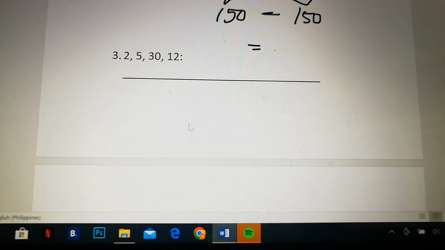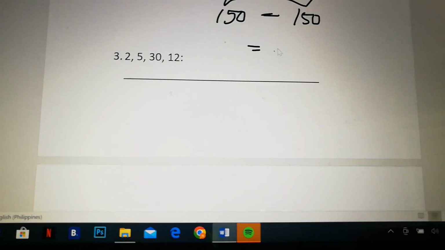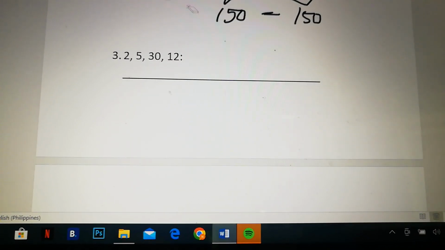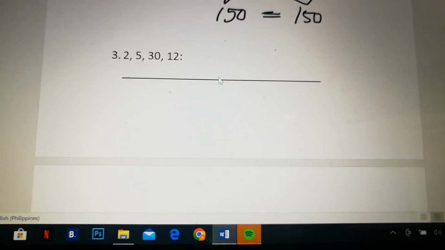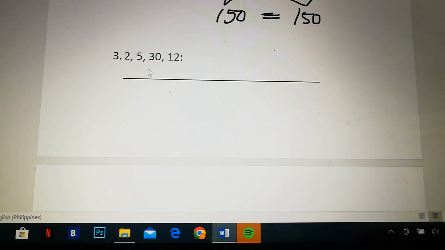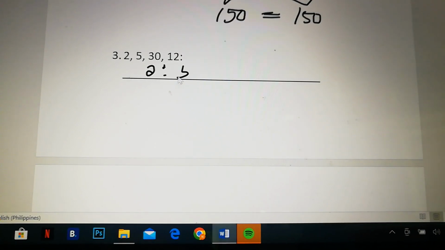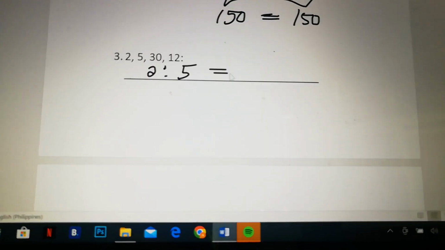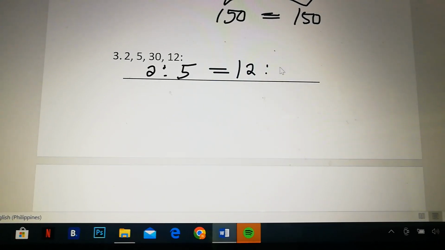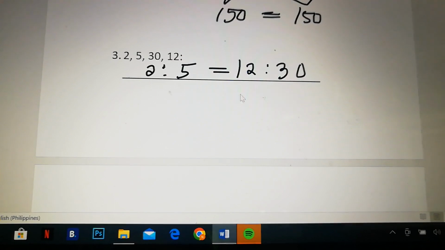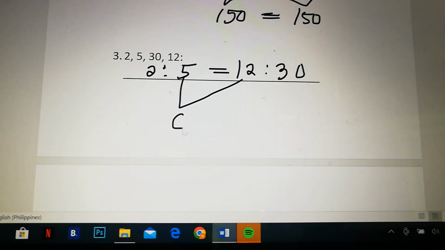Next, form a proportion again. 2 is to 5 equal to 12 is to 30. 12 times 5 is equal to 60. 2 times 30 is equal to 60 also.